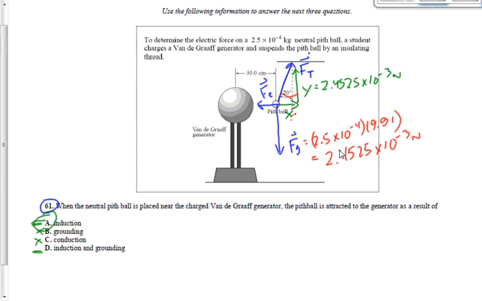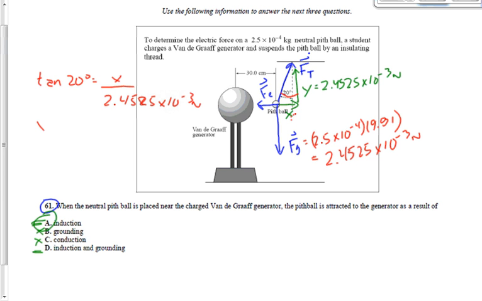So let's say tan 20 degrees is equal to the opposite side, the x component of the tension, divided by the adjacent side, which is the y component of the tension, 2.4525 times 10 to the negative 3 newtons.